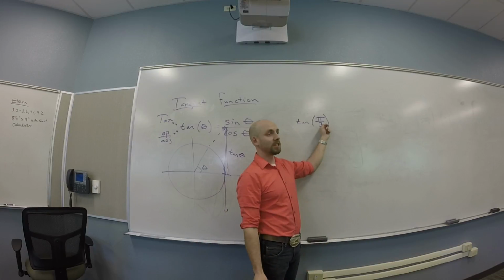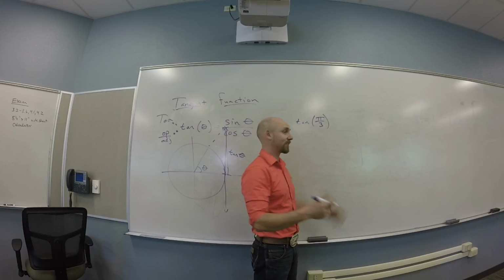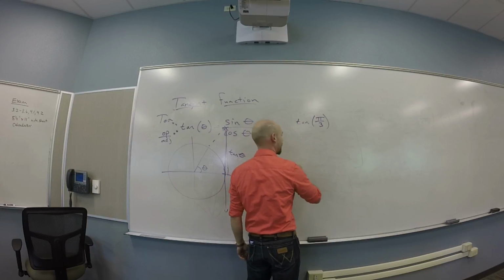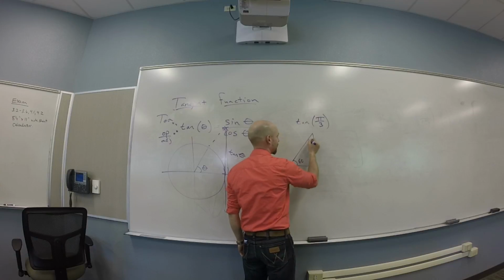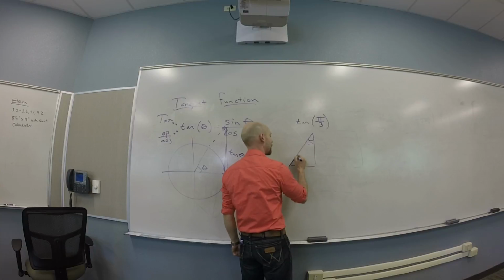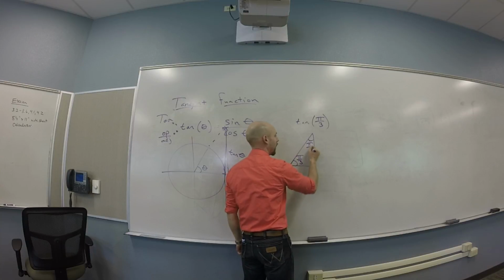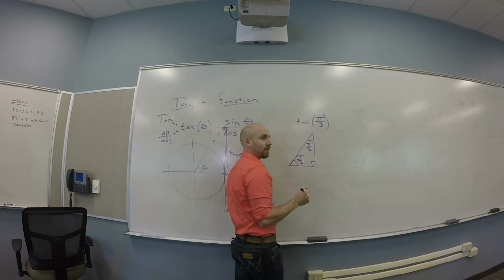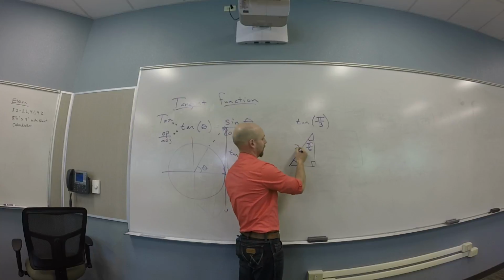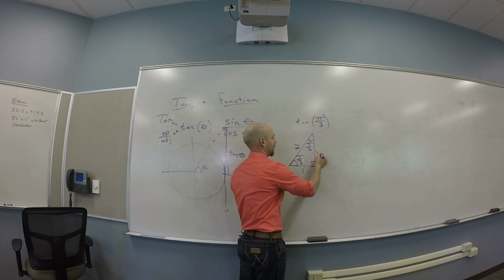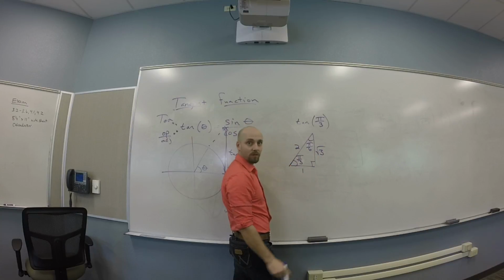So this is a 60-degree angle. So I'm going to bust out a 30, 60, 90 triangle, which looks something like this. I'm working in radians, so let me make that pi over 3, pi over 6, and 90. And then what are your side lengths? You got 2 for the hypotenuse, 1 for the short side, and root 3 for the other. Perfect.